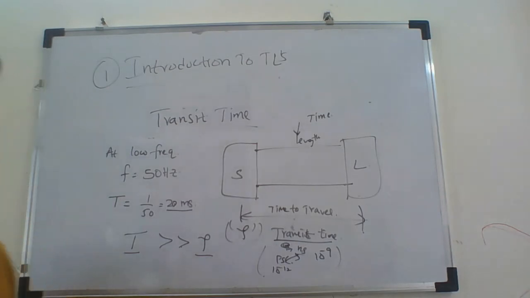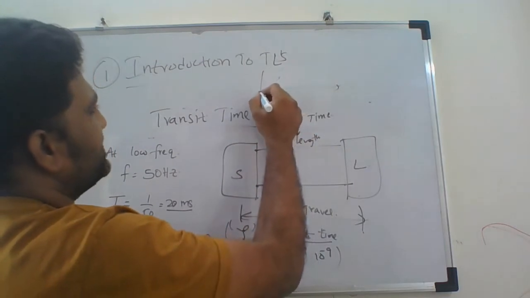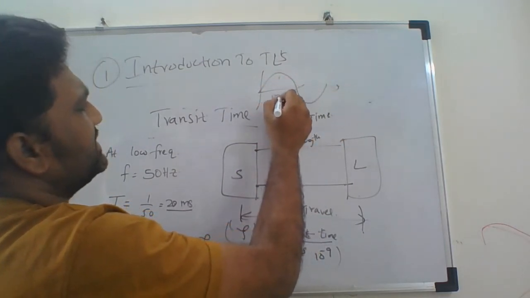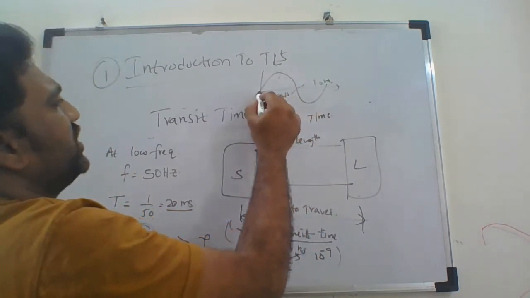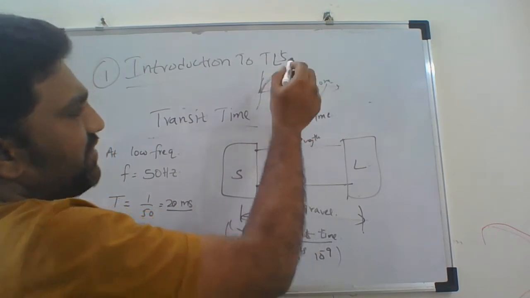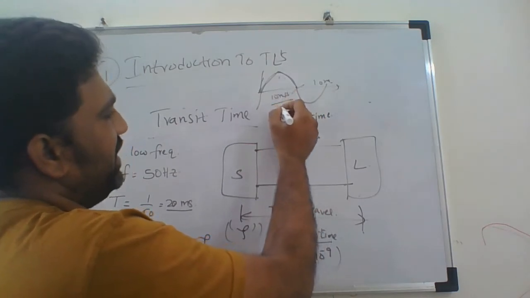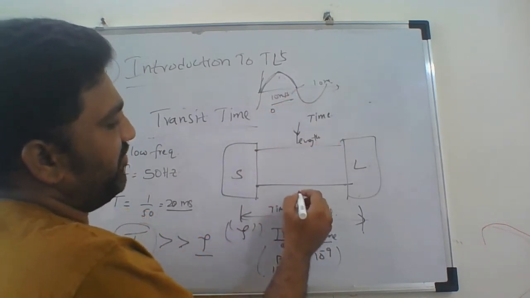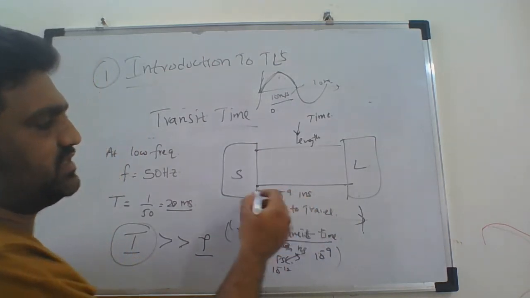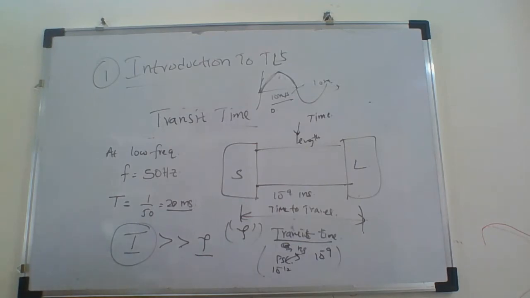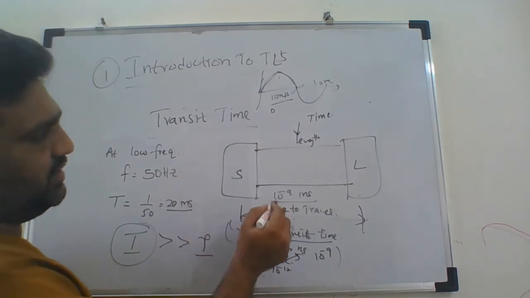When we say 20 milliseconds, each half cycle is 10 milliseconds, so it takes 10 milliseconds to complete one half cycle. Let us say the transit time is 1 nanosecond, which means 10 power minus 9 seconds.